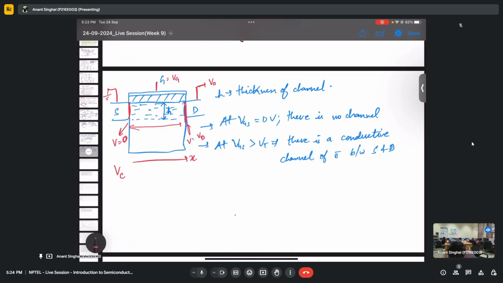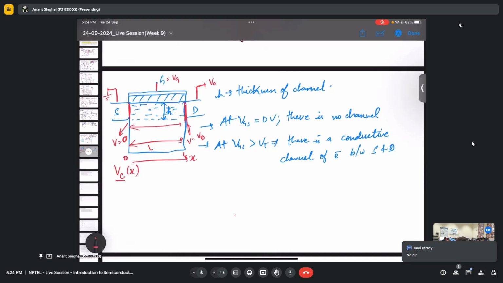I'm denoting it as Vc(x), the voltage potential across the channel at x distance. It will be different for all the x values from, let's say, 0 to L. This is the channel length, which is L. I hope this is clear. Is there any doubt in this particular thing?